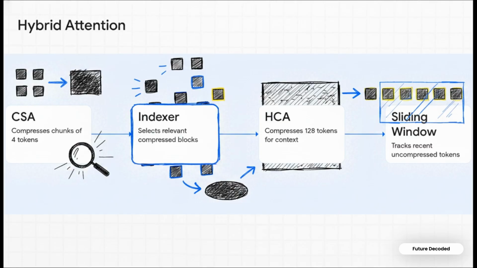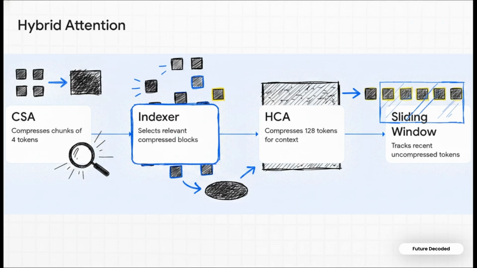So the really crucial point is how they actually bypassed this bottleneck. Instead of just throwing brute force compute at the problem, which, remember, they didn't have, they asked a smarter question. How little can we process and still understand everything? And to answer that, they built this brilliantly elegant four-step hybrid attention architecture. First up, compressed sparse attention, or CSA, groups 4 tokens together into a dense summary.